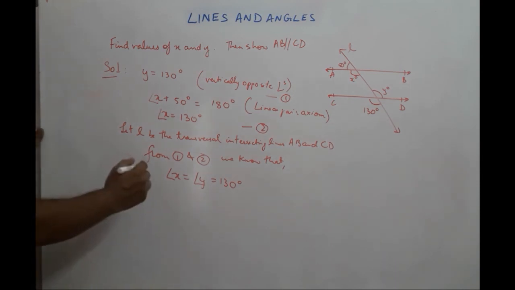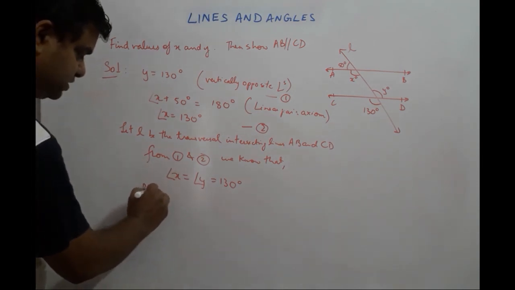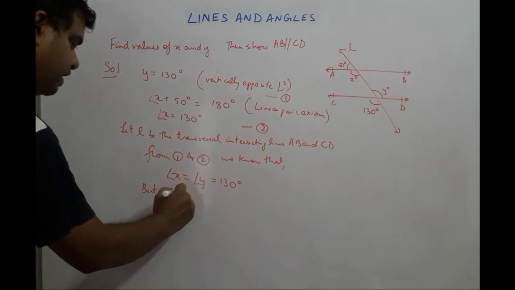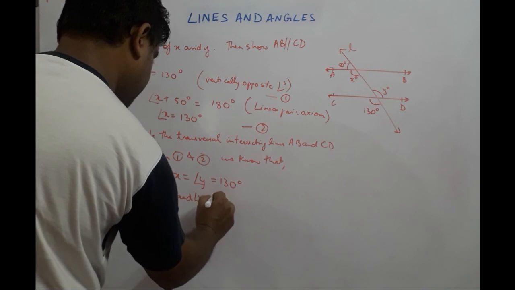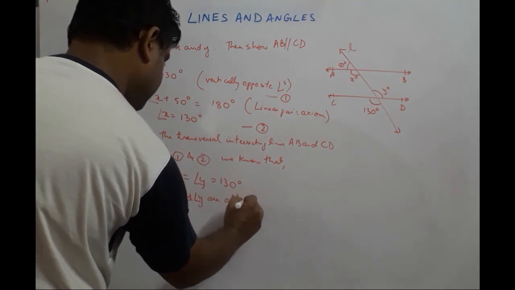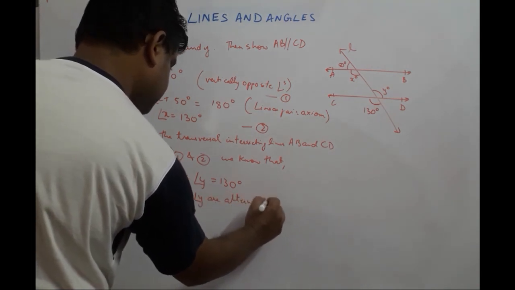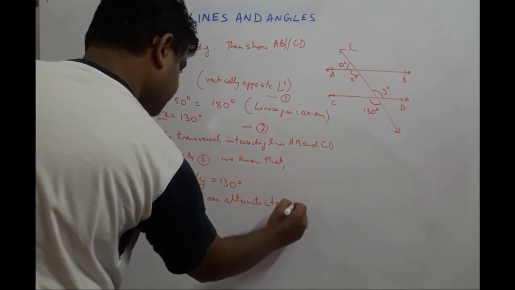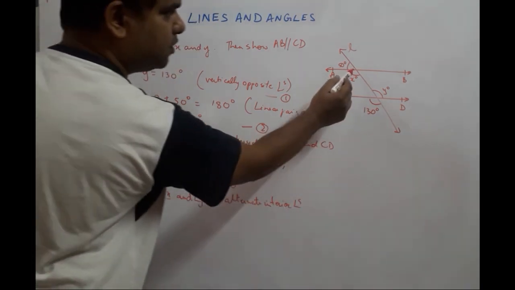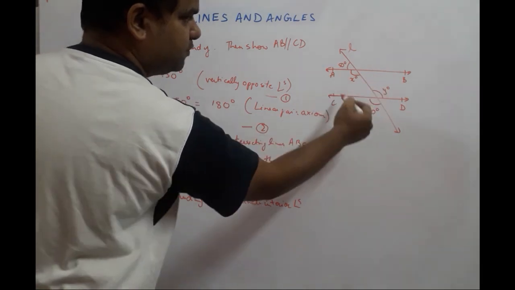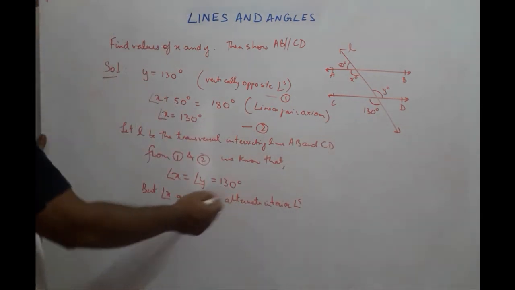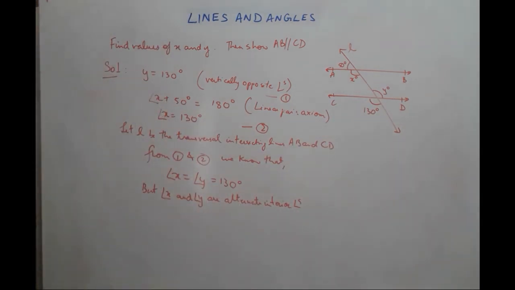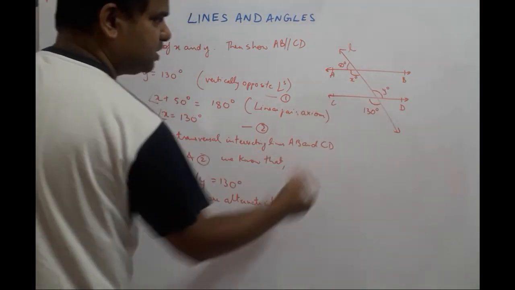But angle x and angle y are alternate interior angles. These are alternate interior angles, between the two lines. So they are interior and they are alternate. If alternate interior angles are equal, then we can say that the two lines are parallel.